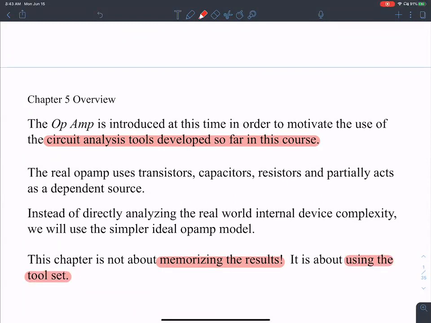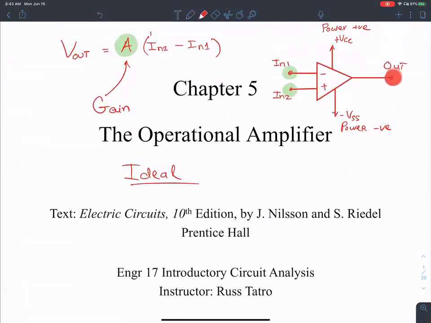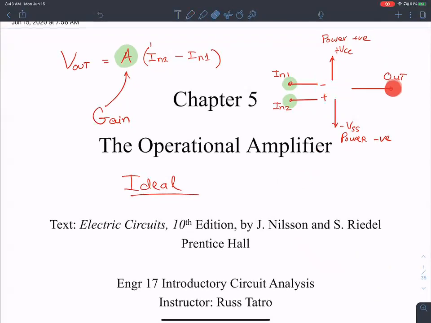Okay, the real op-amp. What is sitting inside an op-amp is beyond the scope of this class. There are some capacitances, there may be some MOSFET transistors, there may be some resistances, and so on and so forth. But that's beyond the scope of this class.